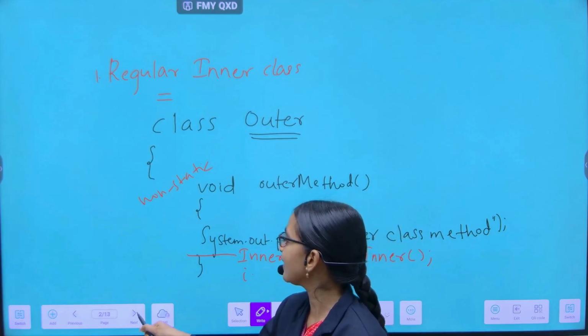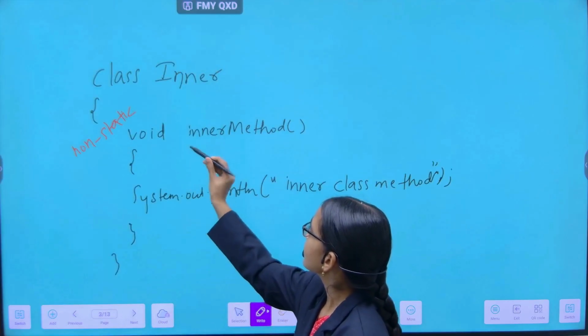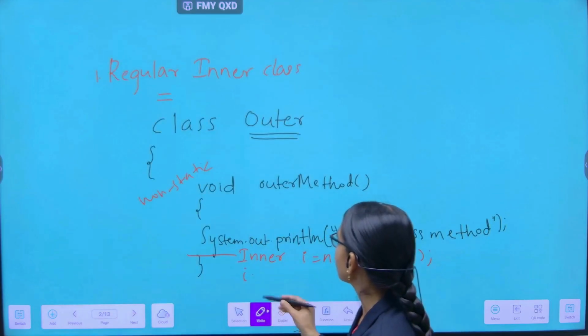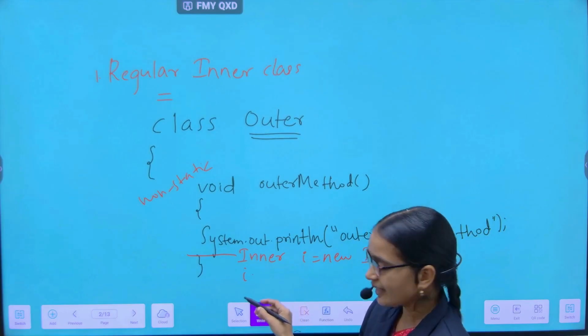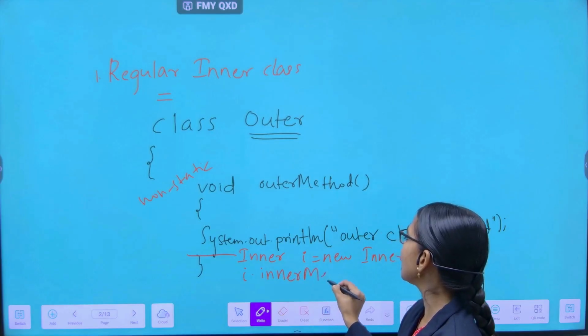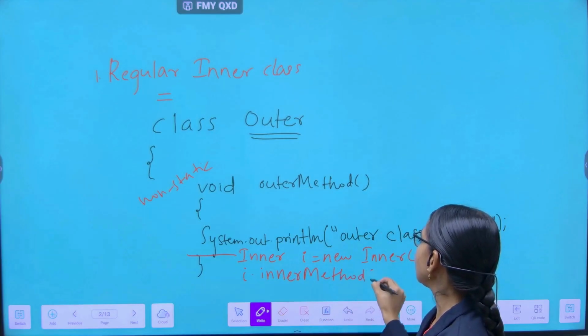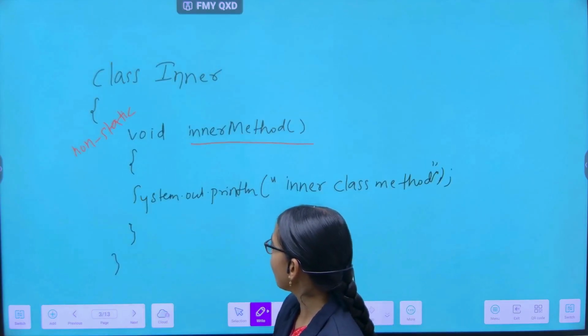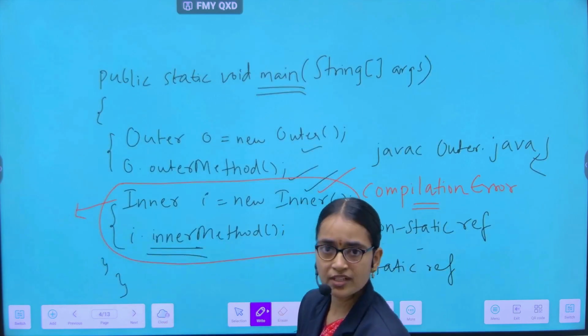What is the inner related method? This is the inner related method, innerMethod, right? So call this from the instance i dot innerMethod(). Clear?